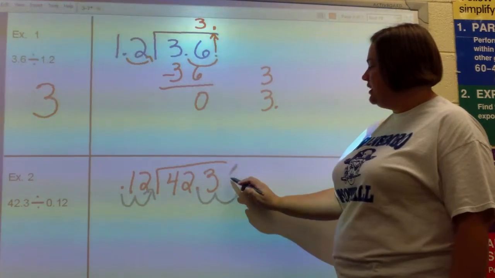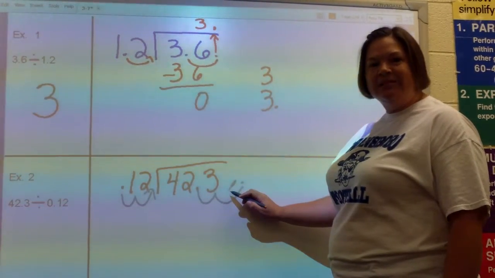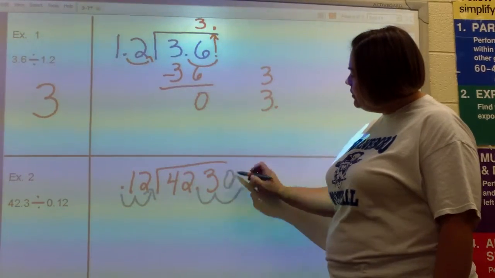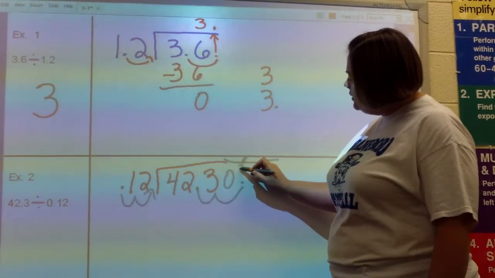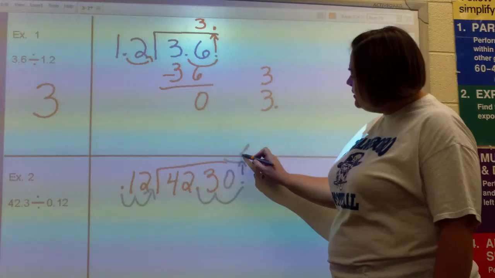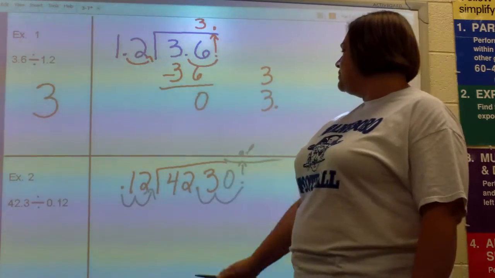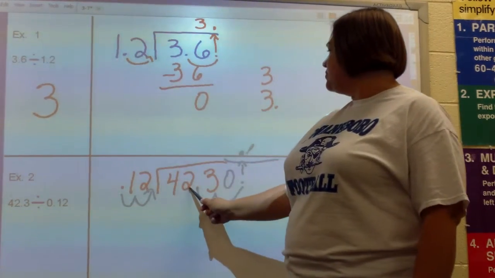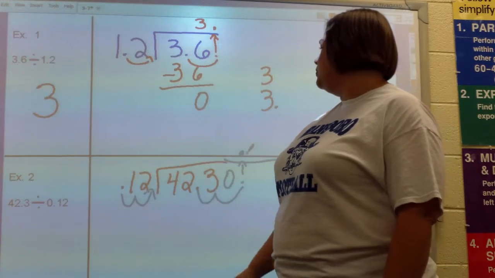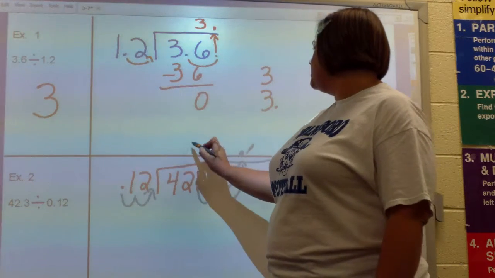I don't have a number here. So anytime you have an empty spot, you're just going to put a 0. The decimal rides up to the top and then sits there. So now I'm going to divide 12 into 42, which would go 3 times.